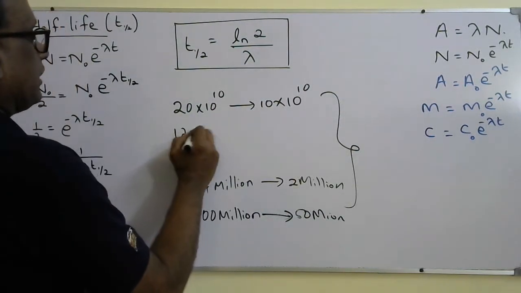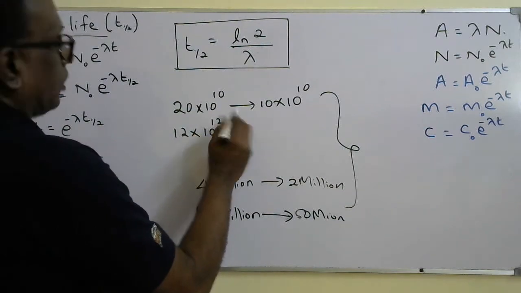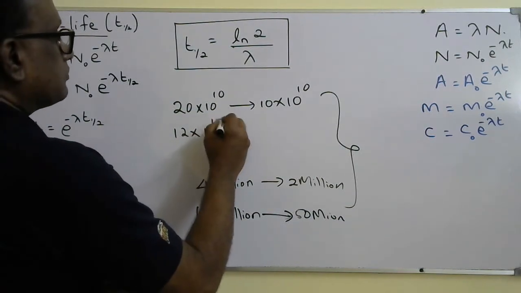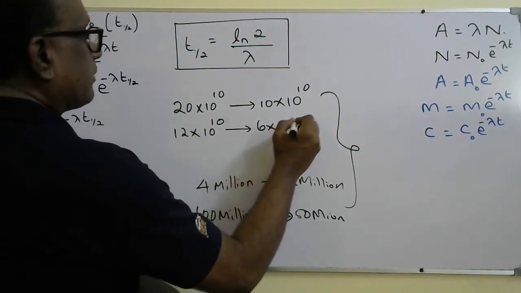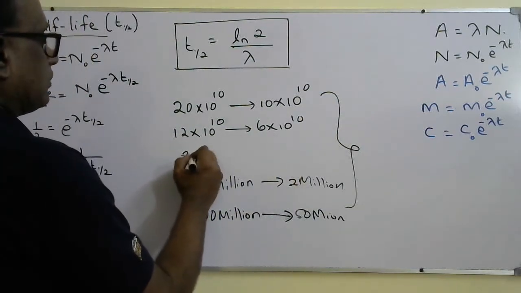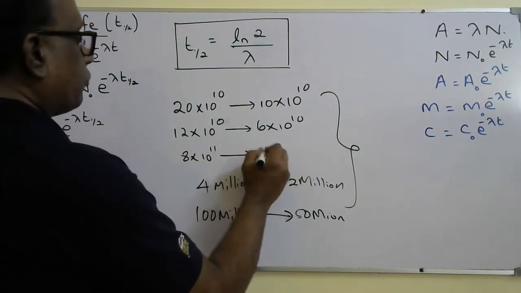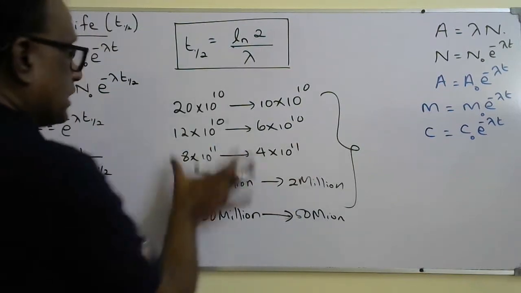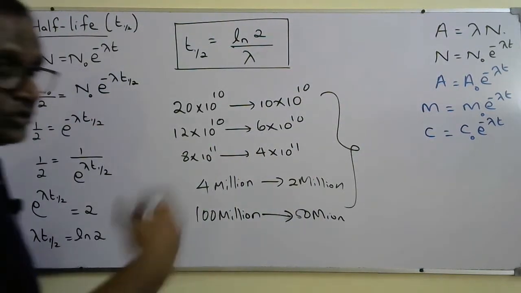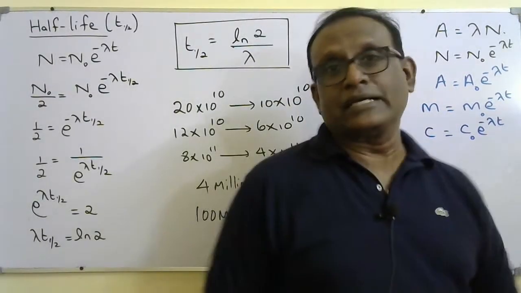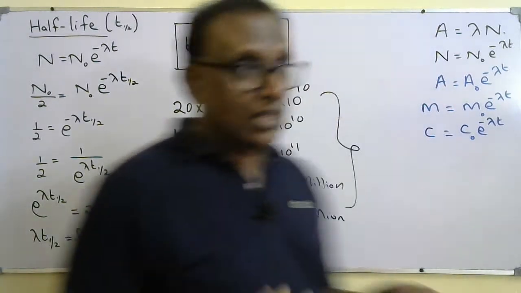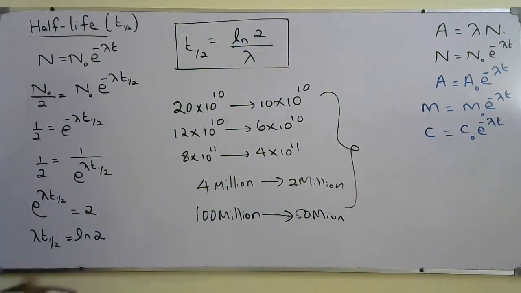Or 12 into 10 to the power 12, or 10 to the power 10 to become 6 into 10 to the power 10, or 8 into 10 to the power 11 to become 4 into 10 to the power 11. So I should use and show larger numbers of nuclei. Then only the mathematical model and the practical will become the same. Because the statistics is true when there are a larger number of radioactive nuclei. So that is called half-life.